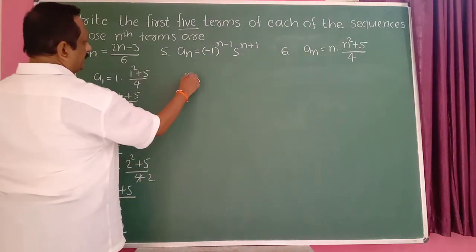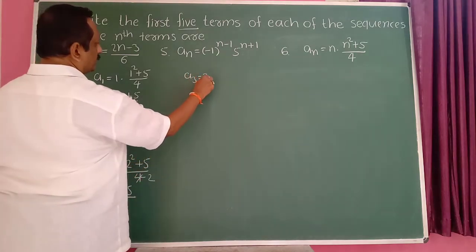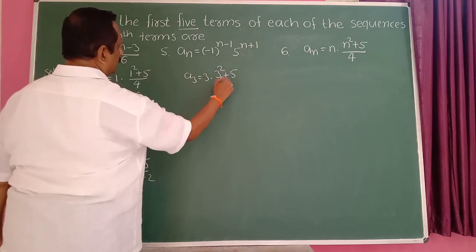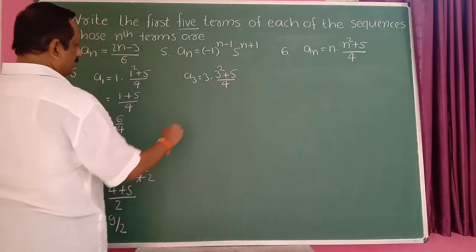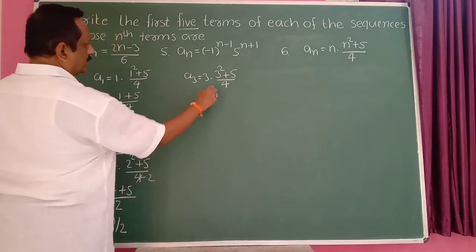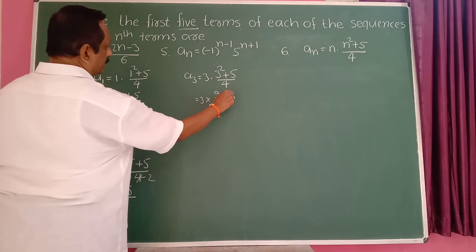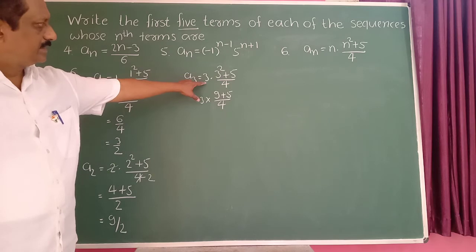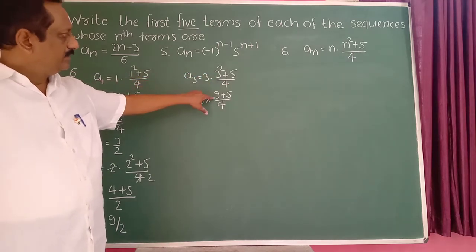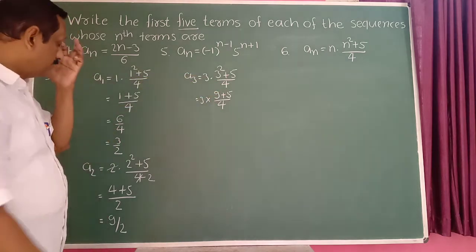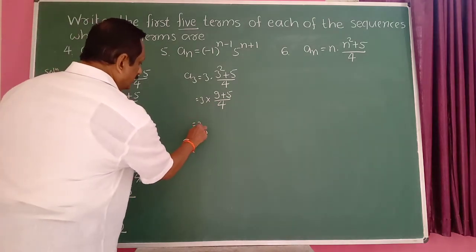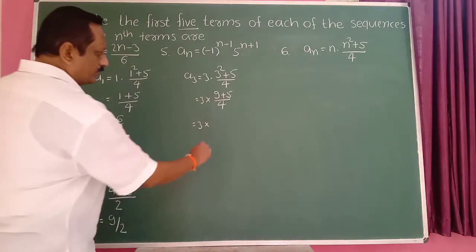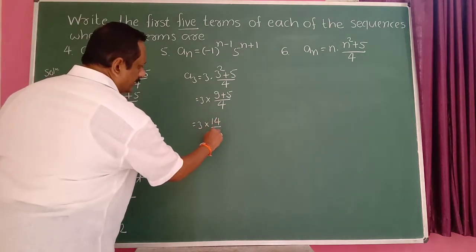Then a3 is equal to 3 into 3 squared plus 5, divided by 4. 3 squared is 9 plus 5, 9 plus 5 is 14, so 14 divided by 4.